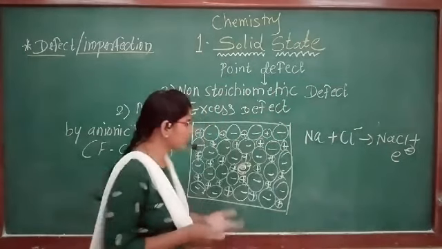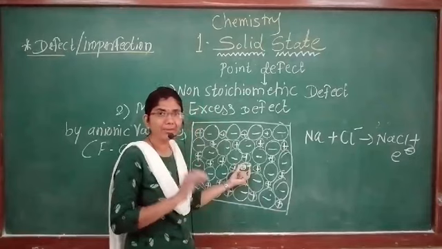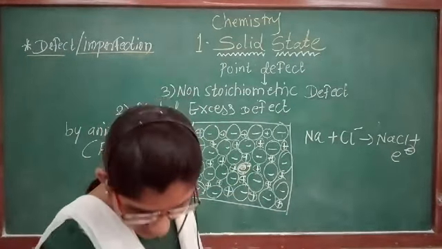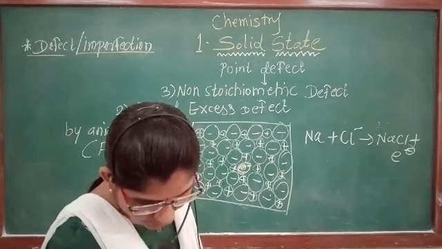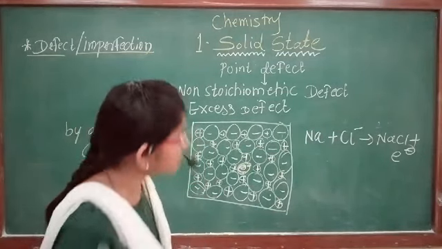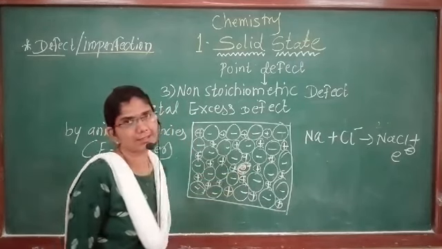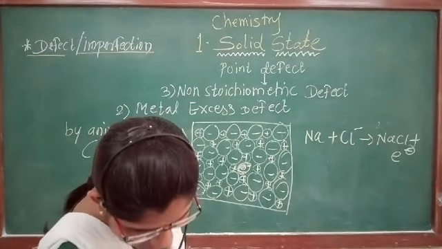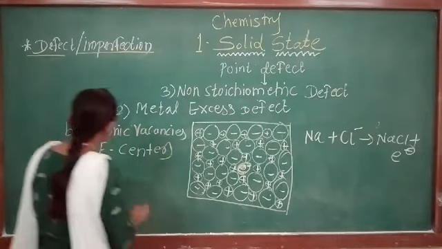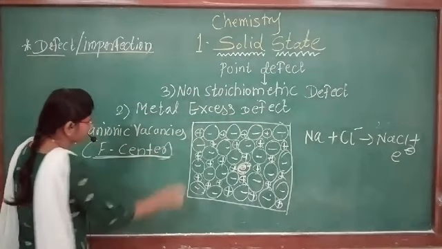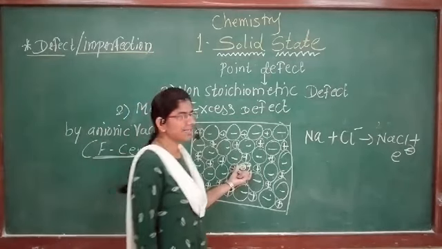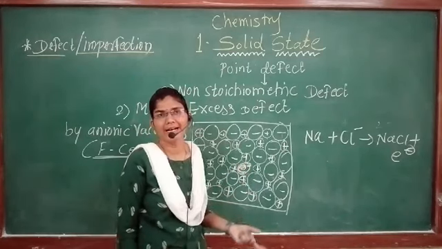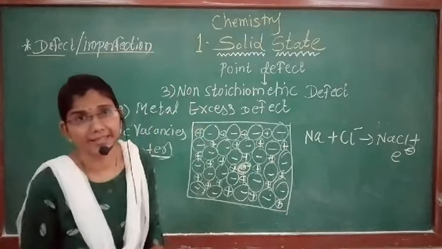The released electron occupies the anion vacant sites, and these sites occupied by electrons are F centers. They are called F centers because the anions are missing and instead of the anions we have an electron.